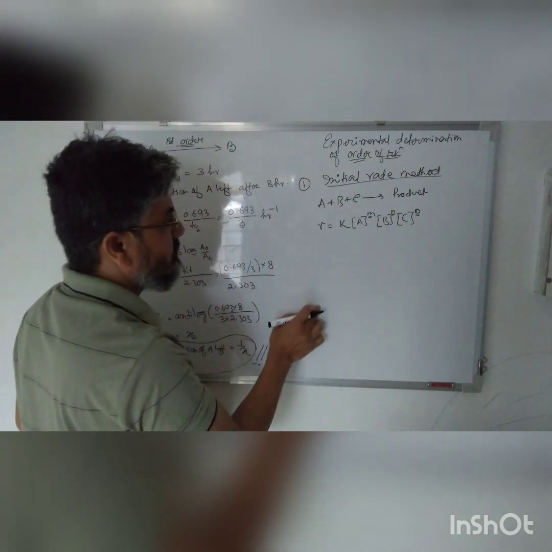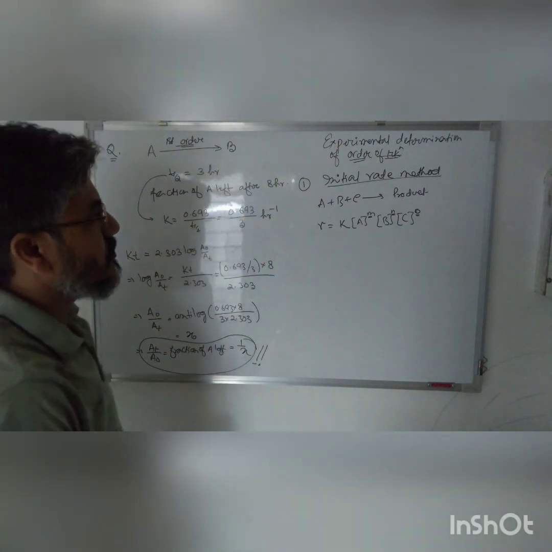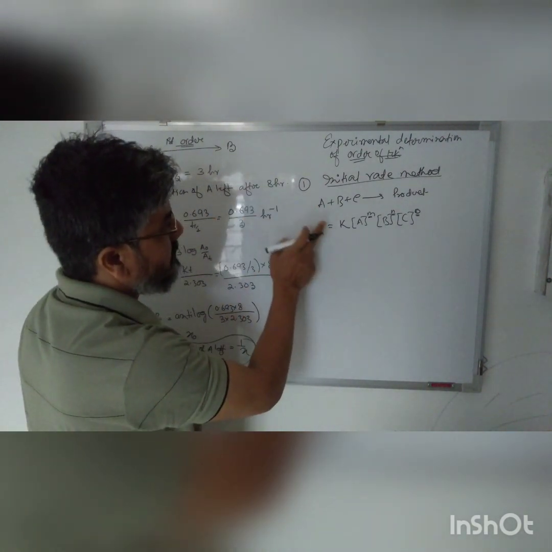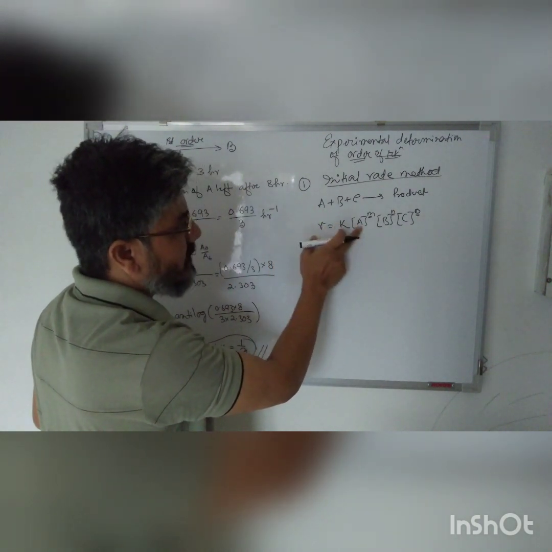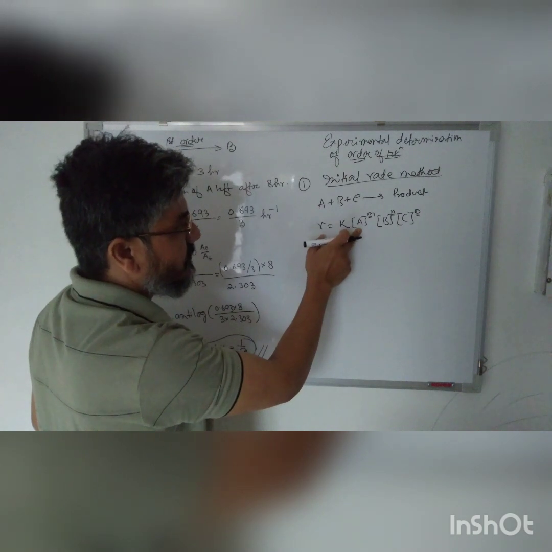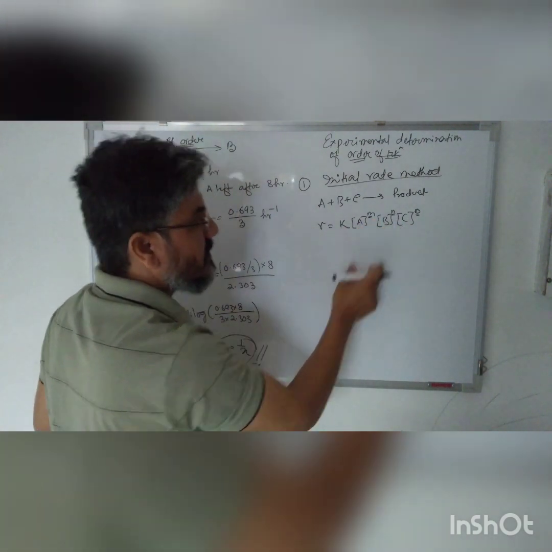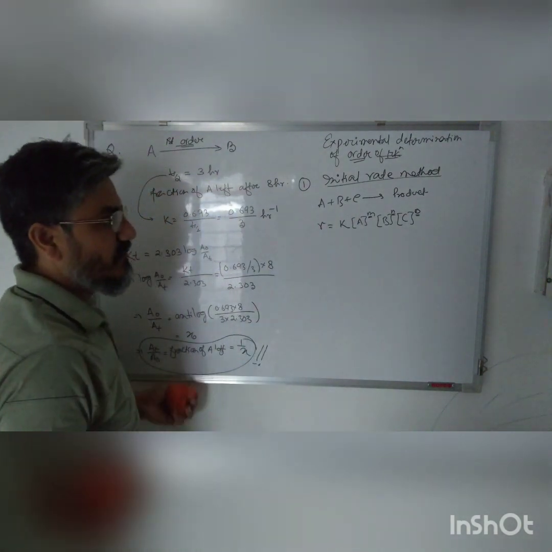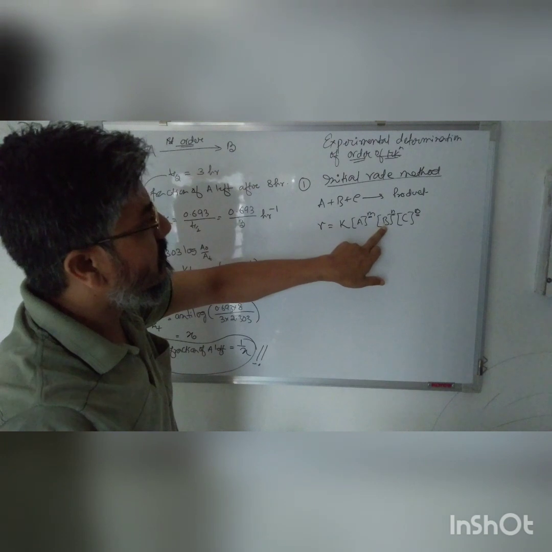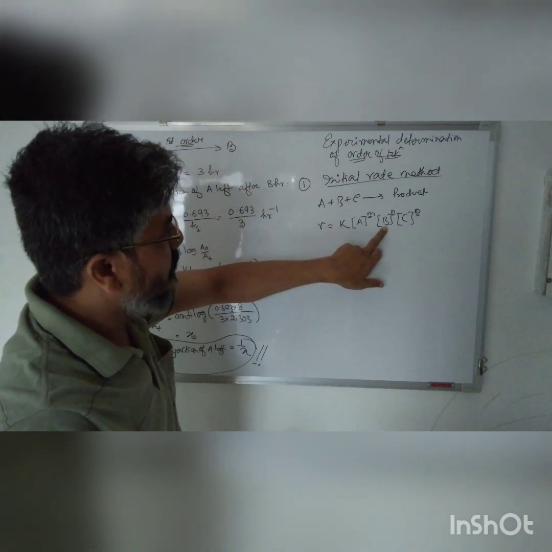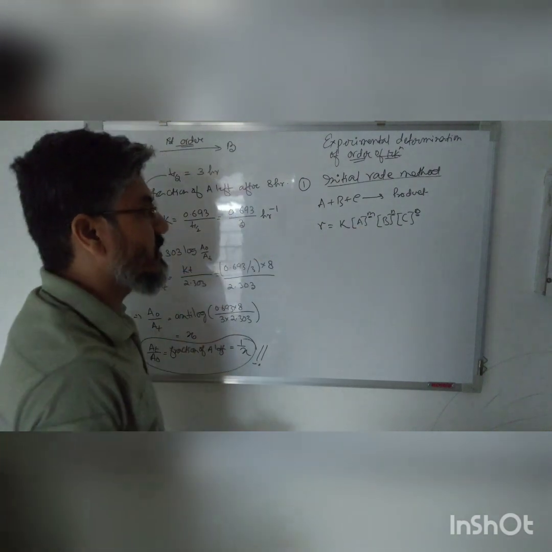For this, we'll take different experimental methods. One of the experimental methods is that out of these three quantities, we keep the concentrations of two reactants constant and we vary the concentration of the third.